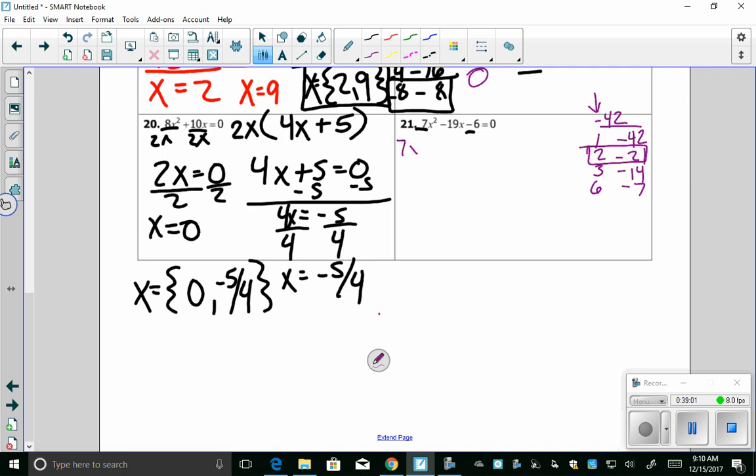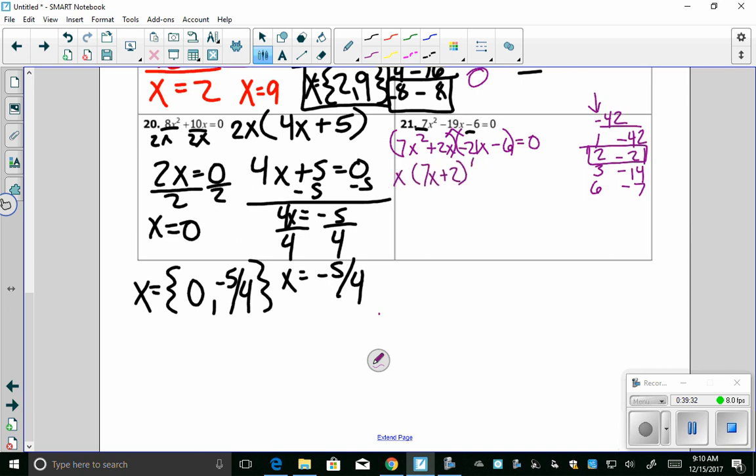So remember, I'm going to write everything the same, except here, I'm going to write plus 2x minus 21x minus 6 equals 0. Group. Pull out the common factor. For the first set, it's going to be x, so it's going to give me 7x plus 2.